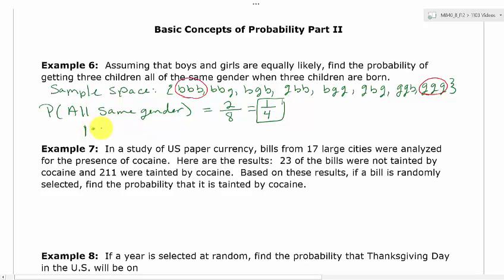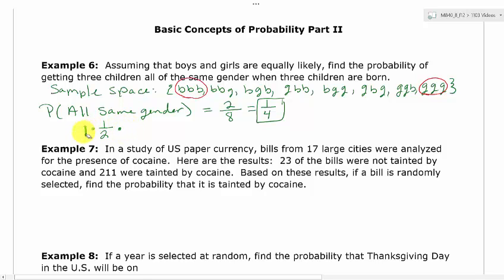But now the next one has to match the gender of the first child born, and so the probability that the second child born will be the same gender as the first child is 1/2. So if the first child was a boy, then the probability that the second one would be a boy is 1/2. Same if the first child was a girl, then the probability that the second child would be a girl is also 1/2.